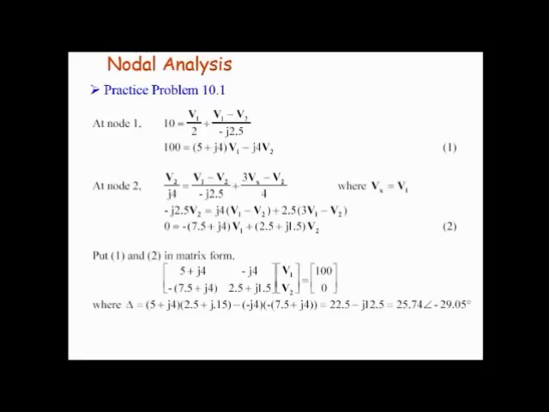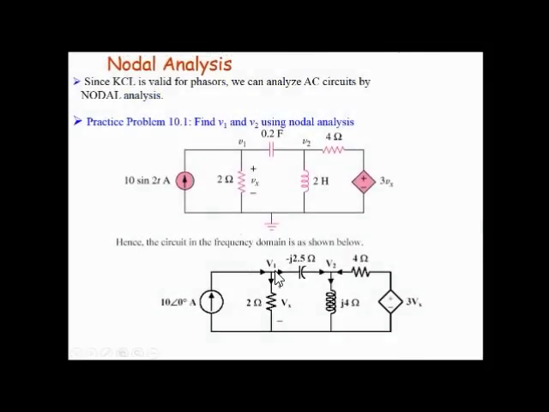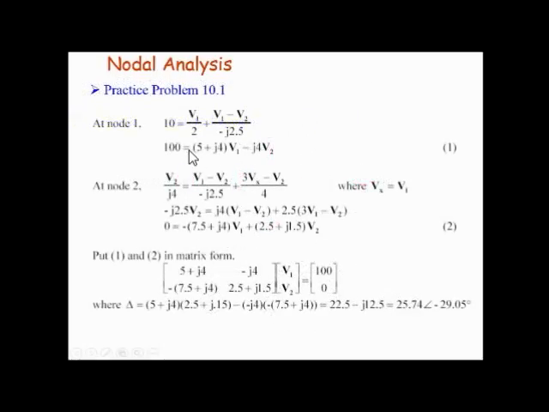So at node 1, 10 equals V1 by 2 plus (V1 minus V2) by minus j2.5. In the case of node 1, one current is entering the node and two currents are going out of it. So it has been written as 10 equals V1 by 2 plus (V1 minus V2) by minus j2.5.